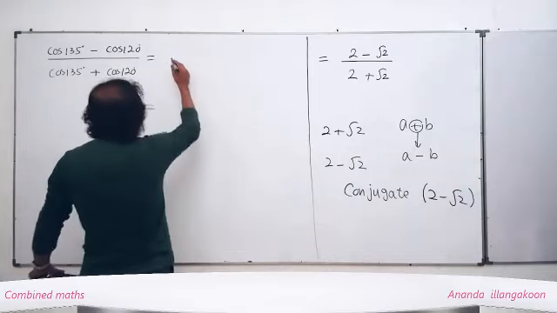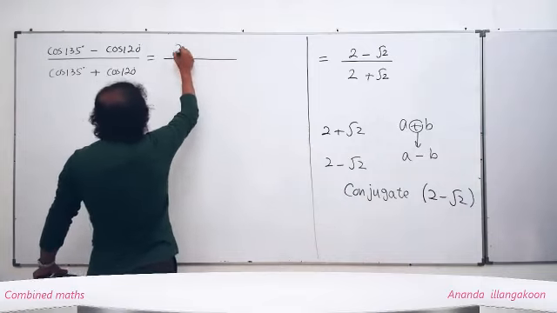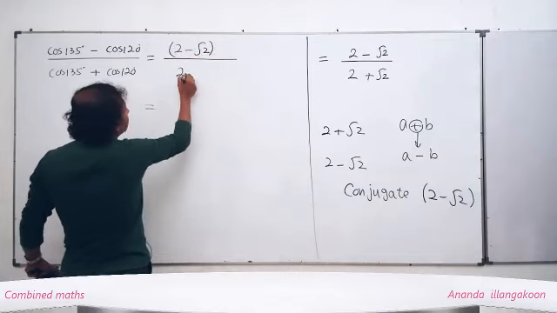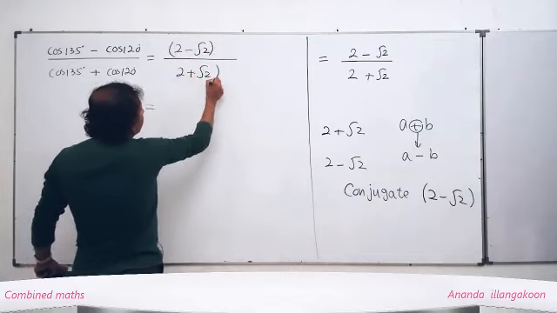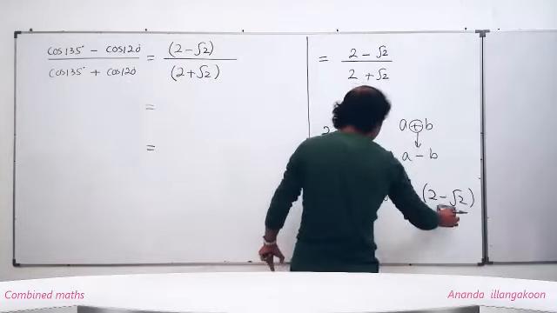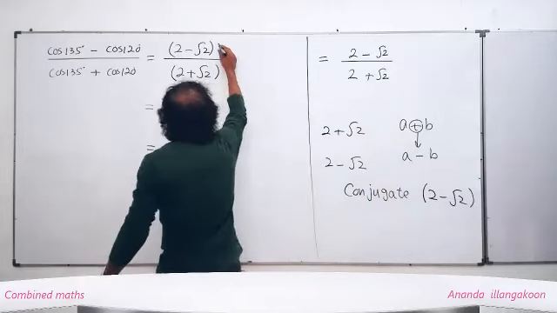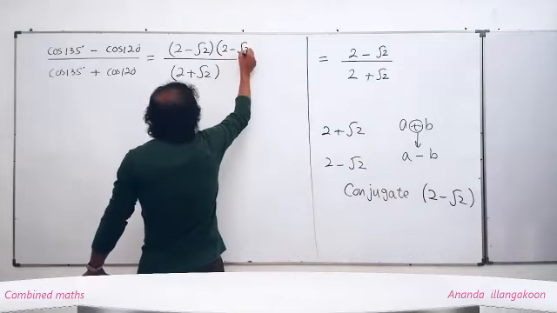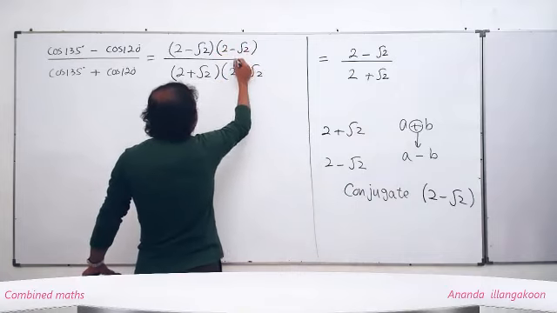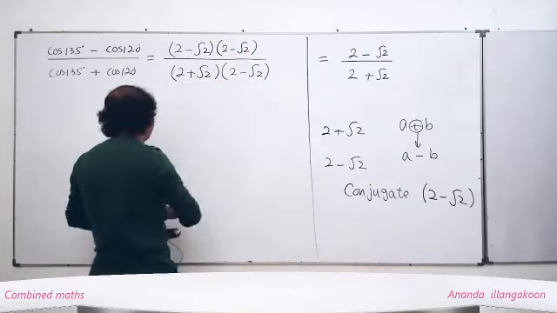What do you get there, people? 2 minus root 2 divided by 2 plus root 2 is the one we have here. This numerator and this denominator we multiply by this 2 minus root 2. This is what we get.